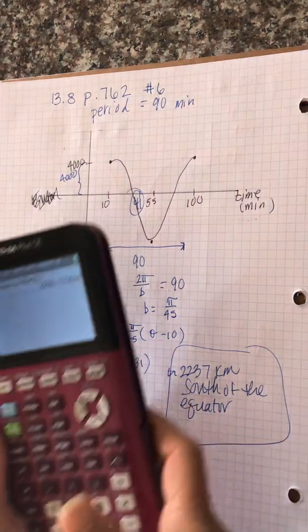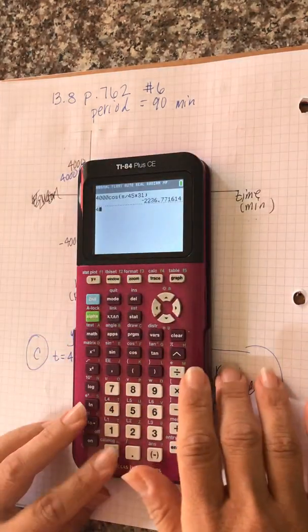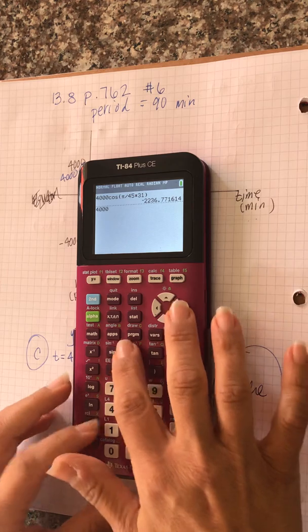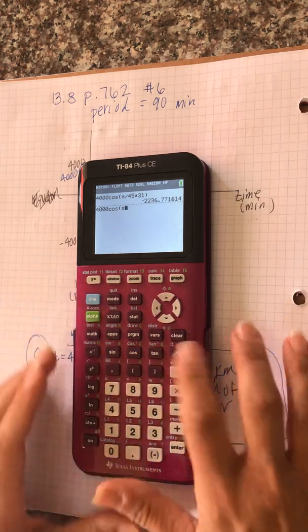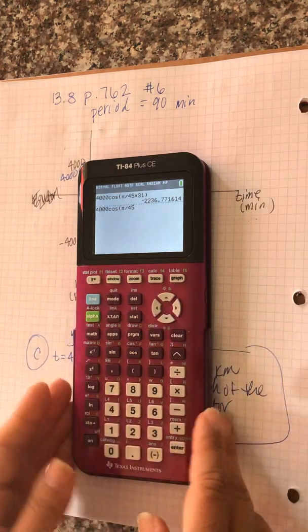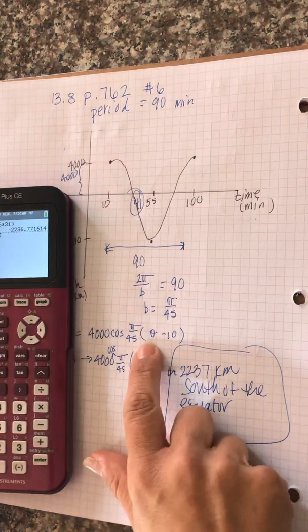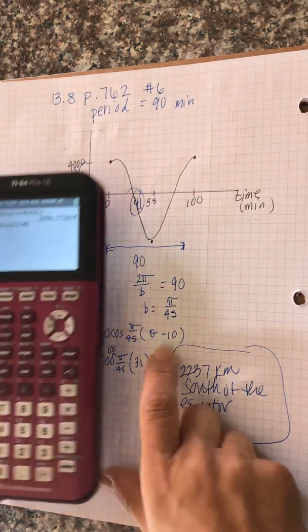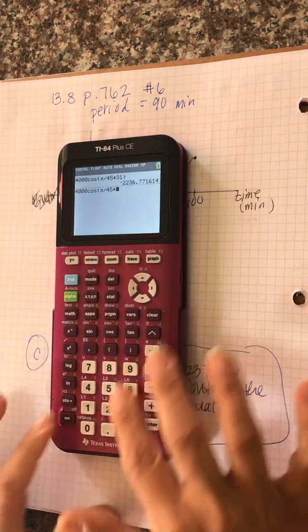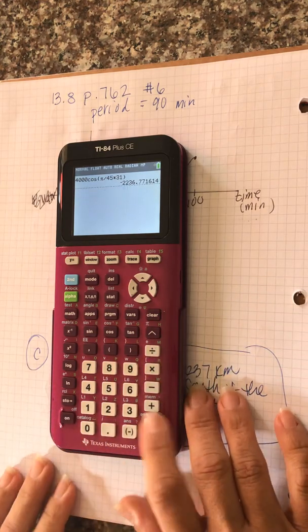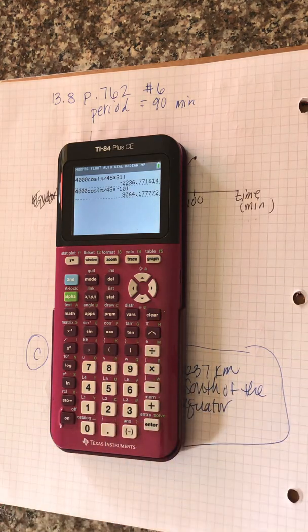So 4,000 times the cosine of pi over 45. And then 0 minus 10 is negative 10, so times negative 10. 3,064. Okay, so that's where Cape Canaveral is from the equator.